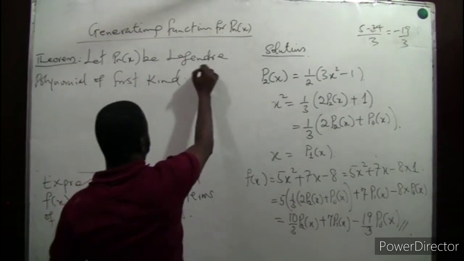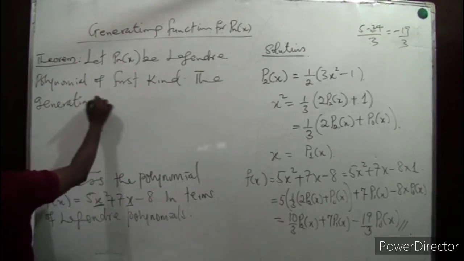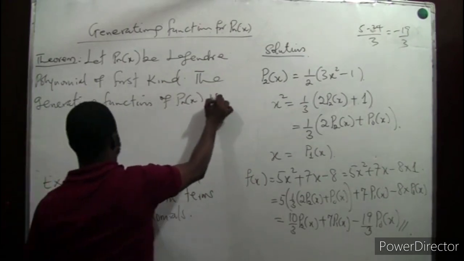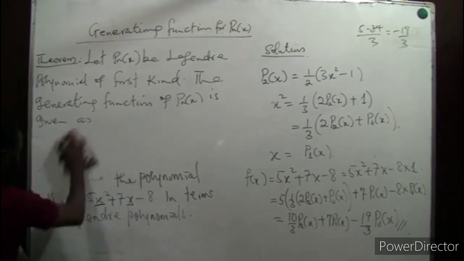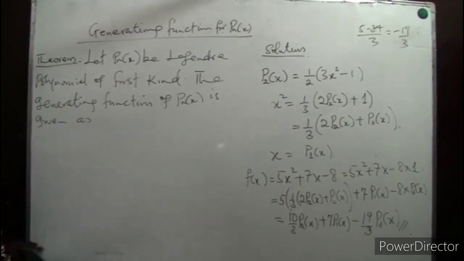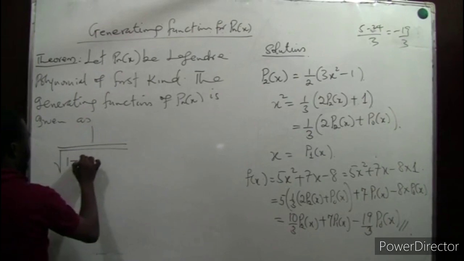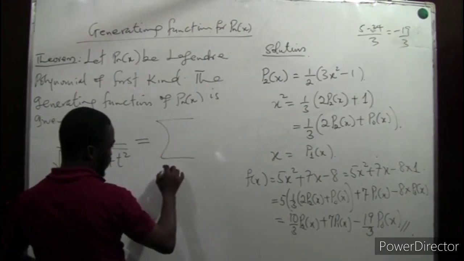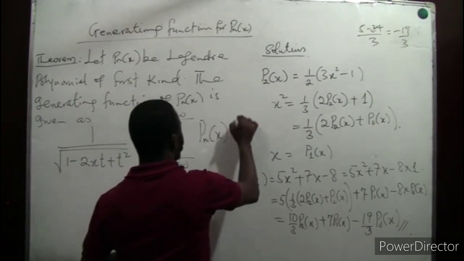The generating function of Pn(x) is given as 1 divided by square root of 1 minus 2xt plus t squared equals summation n from 0 to infinity Pn(x) t raised to power n.